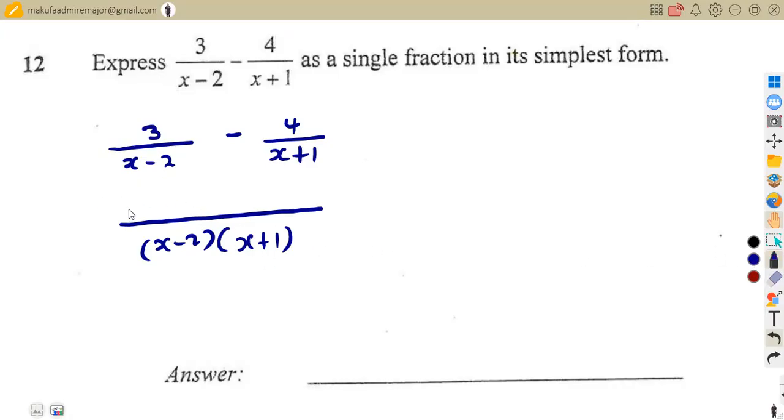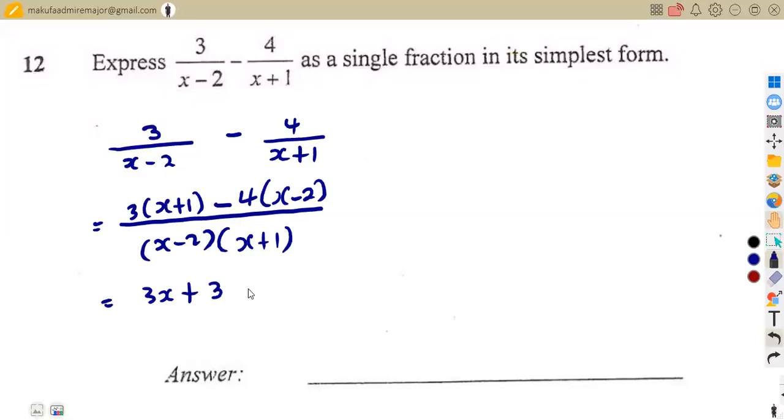So this x plus 1 is going to be multiplied to 3 in the numerator, like this. All right, minus, we do the same. The x plus 1 and the x plus 1 here will cancel. You remain with minus 4 into x minus 2 in this case. All right, expand the brackets so that you can collect like terms. 3 times x will be 3x. 3 times 1 is going to be a 3.